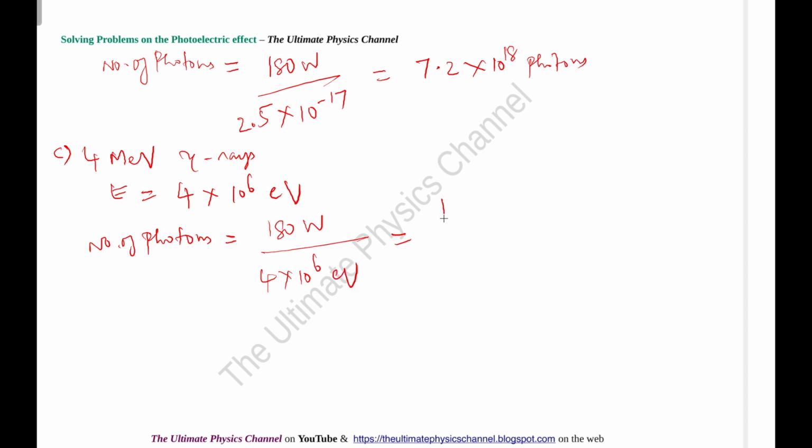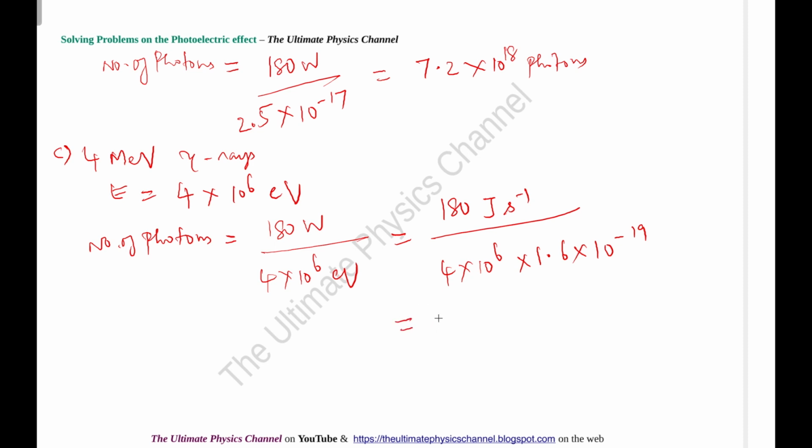The unit conversions: 180 joule per second over 4 into 10 power 6 times, since we are converting from eV to joule, 1.6 into 10 power minus 19. This is the conversion factor.